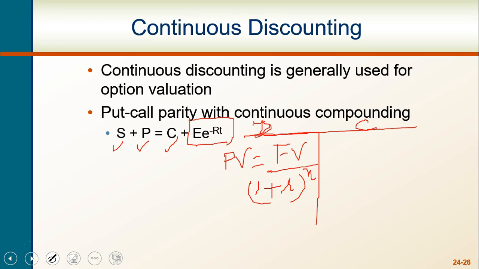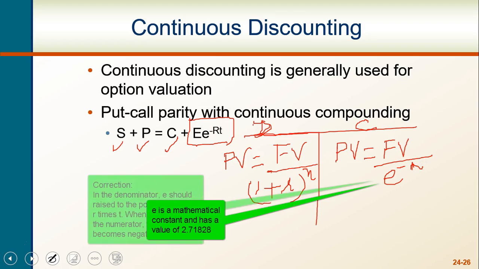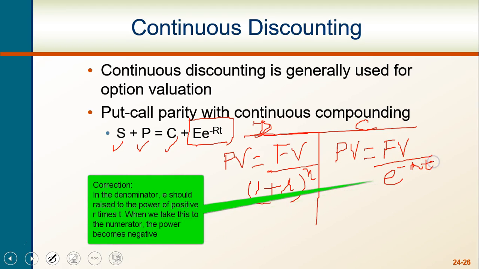In continuous discounting, if we want to find out the present value, the present value will be equal to the future value, and if you want to discount it on a continuous basis, you could divide this by e, the mathematical constant e, raised to the power of minus R times the time T. See, the denominator is different in both cases.